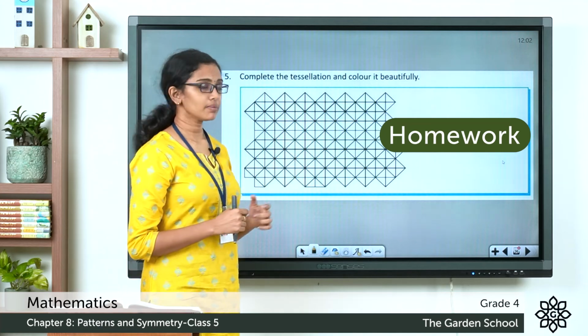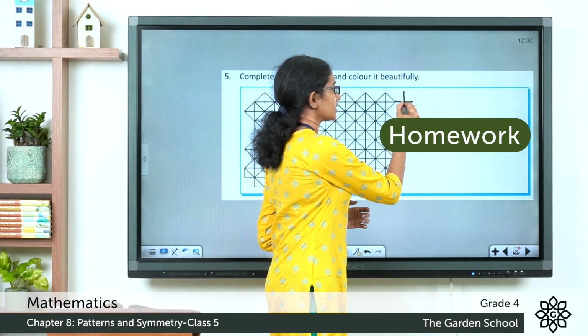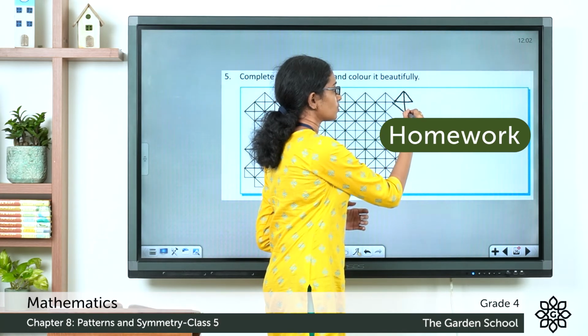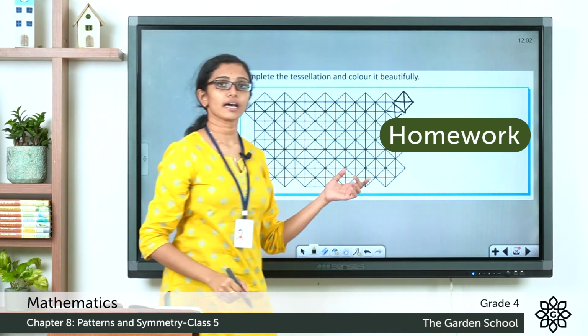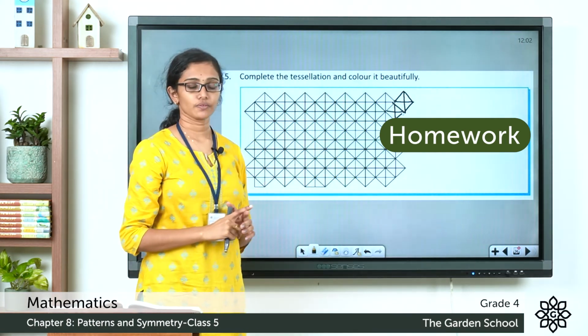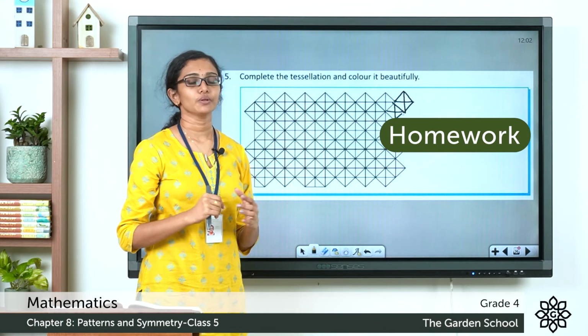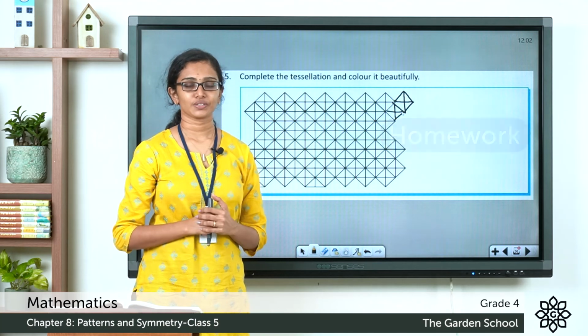You have to complete the tessellation and then color it beautifully. Like this you can draw. Furthermore, make sure you are using your ruler and pencil to draw it neatly. Then you take a picture and send it to us on Teams.